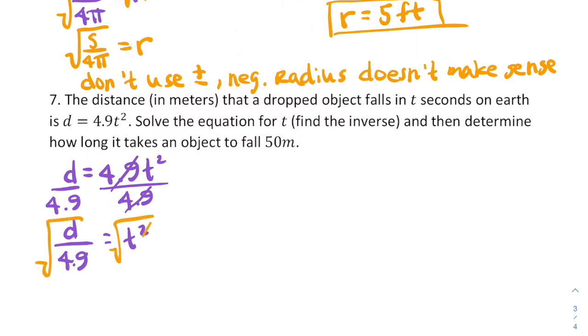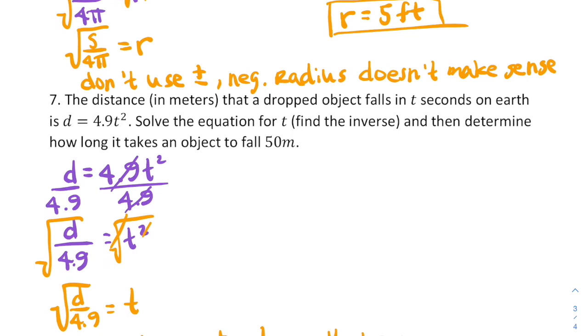And so the square root and the squared will cancel, leaving me with square root of d over 4.9 is equal to my time. Again, don't use the plus and minus. Just like distance can't be negative, neither can time. Haven't found a time machine yet, so we can't go backwards and do negative time. T can't be negative.